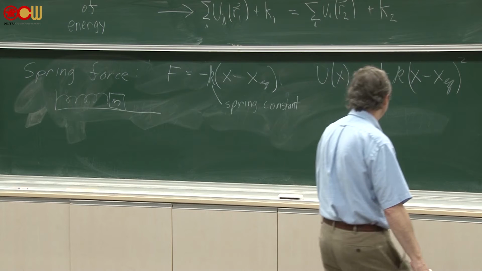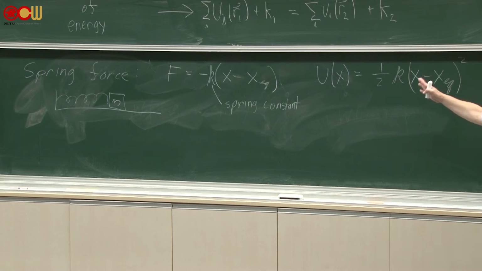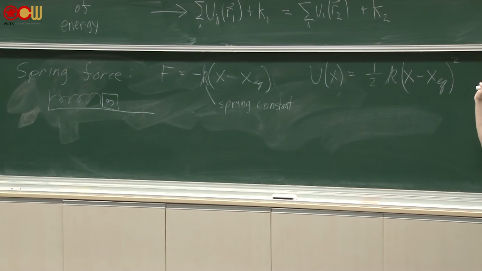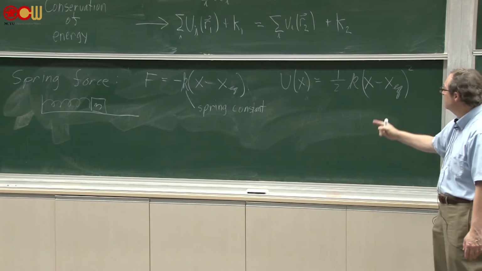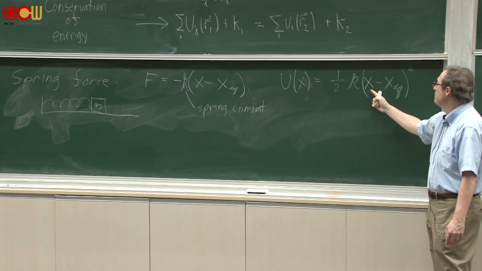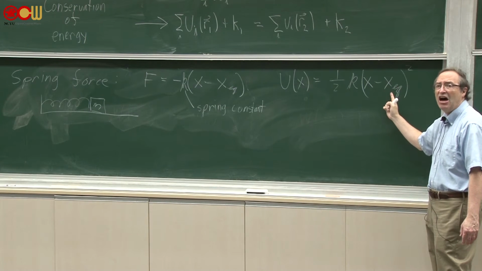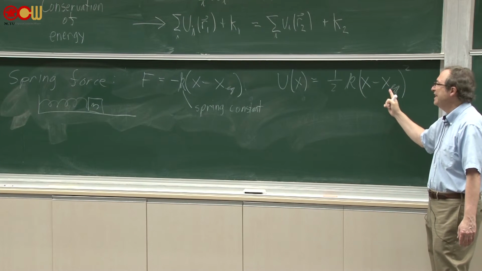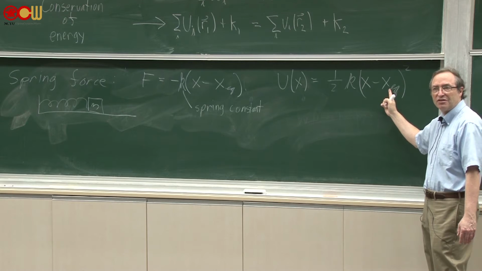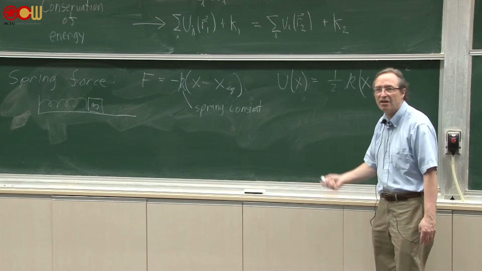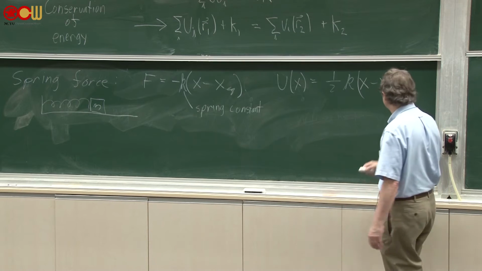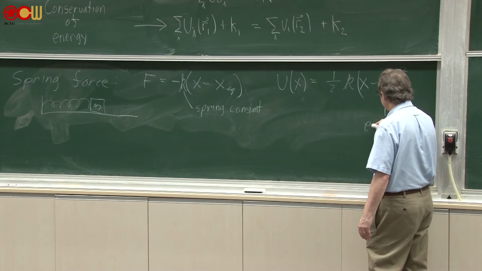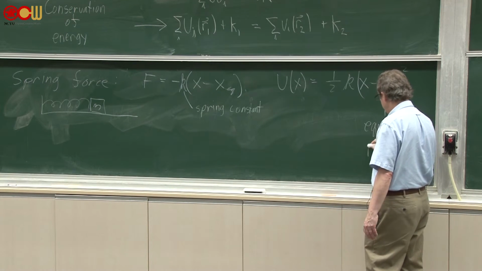In principle, I could define somewhere else to be the zero of potential energy, but it's most convenient to define the zero to be where the spring is unstretched. This is called the equilibrium position, where it's uncompressed and not stressed. So that's the equilibrium position.